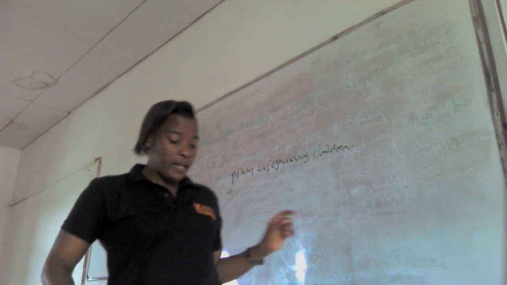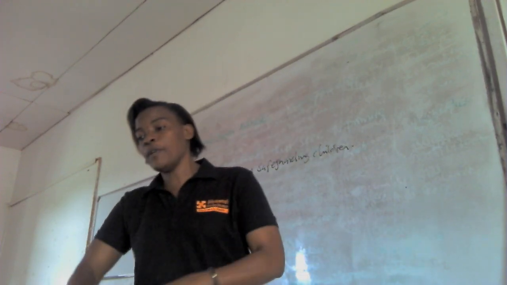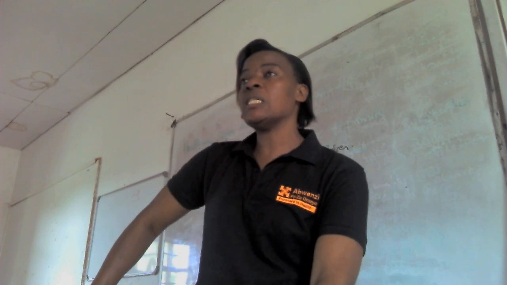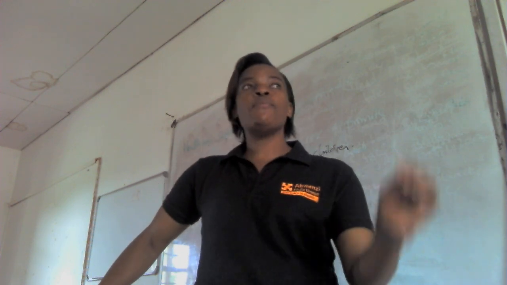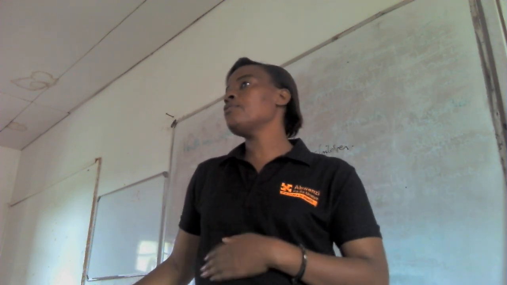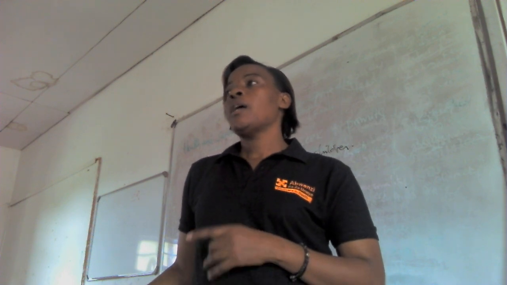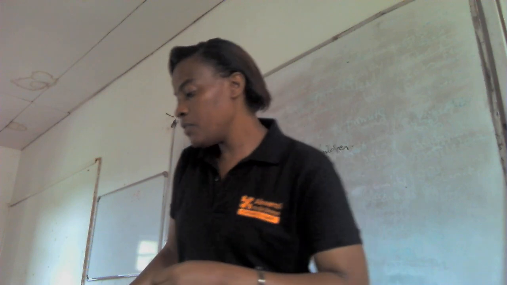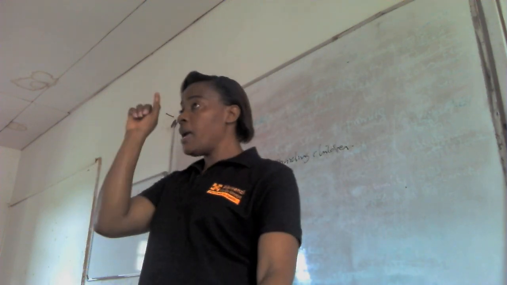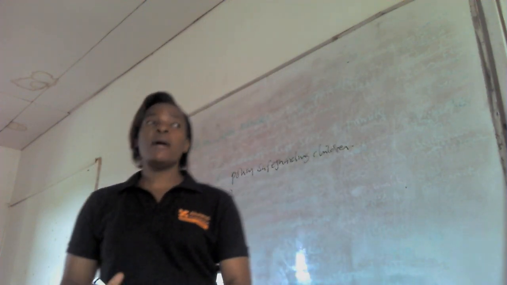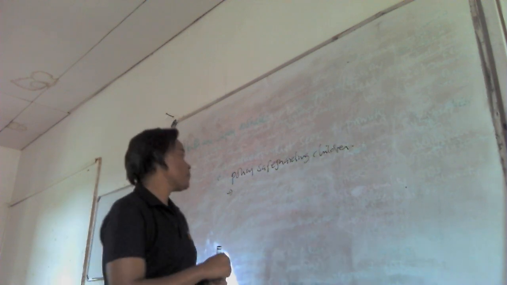Every child care center is supposed to have a health and safety policy. Every place that is taking care of a child must have a health and safety policy, and in it they must include the following.